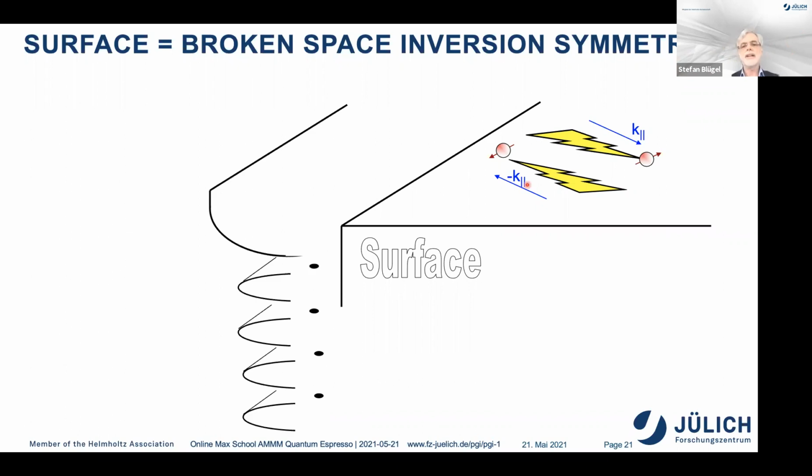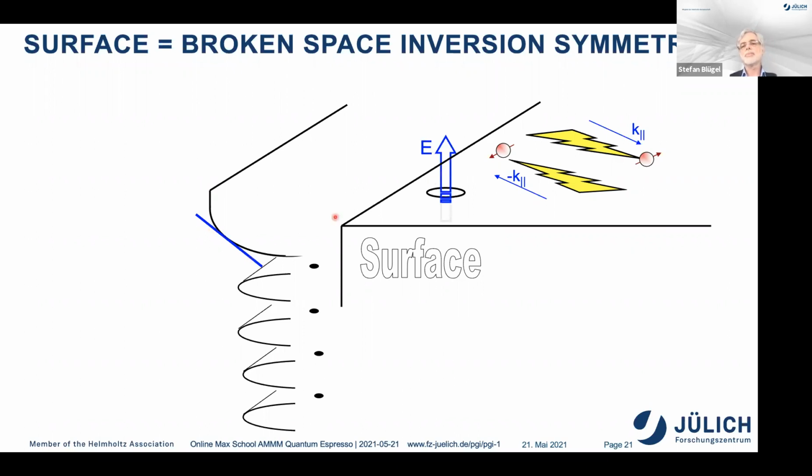But I would like to remind you that we have in this surface, of course, our Coulomb potential, 1 over R potential and exchange correlation potential and electron-electron interaction. But we have these basically symmetric potentials here. But if you come closer to the surface, this symmetric potential is broken. And what you have is a finite gradient of this potential.